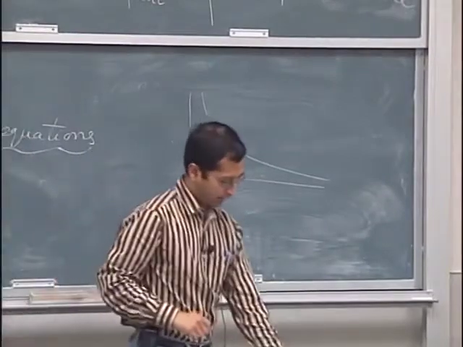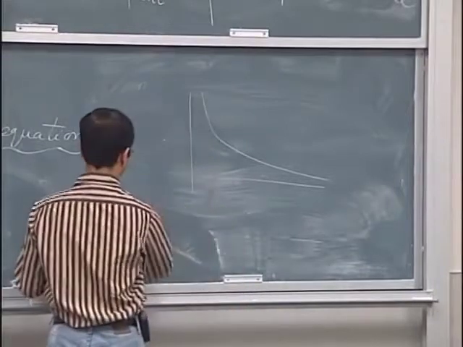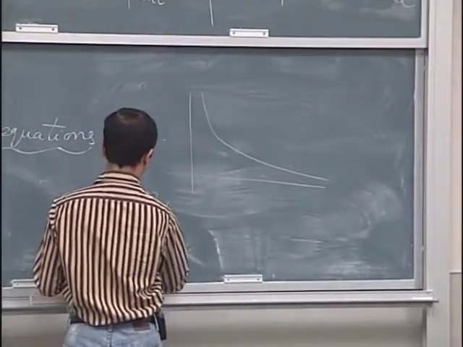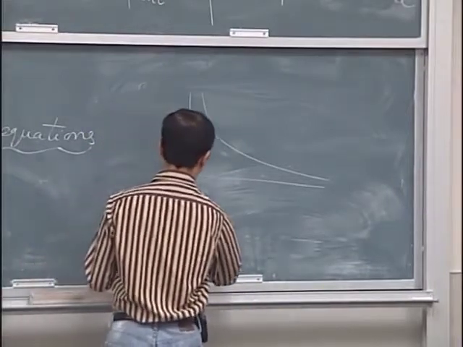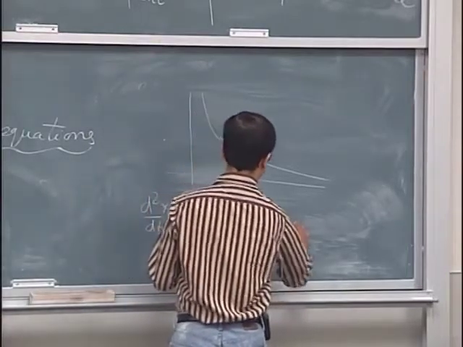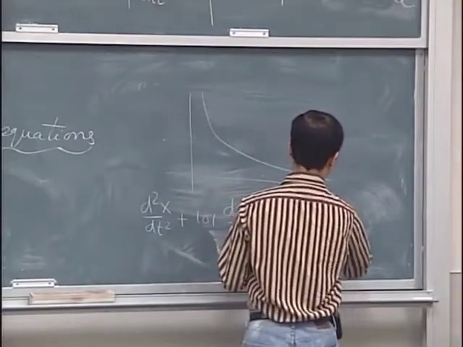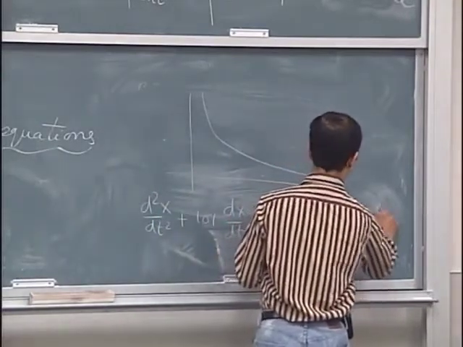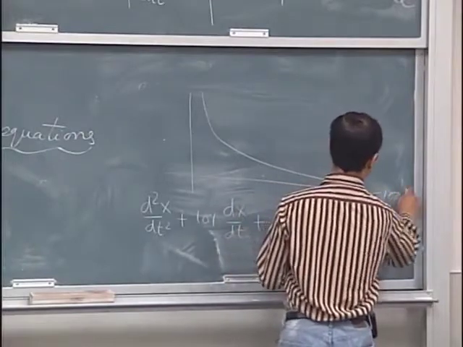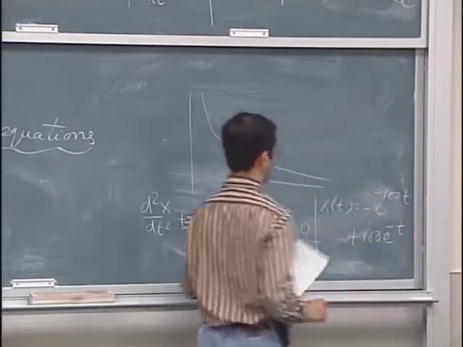If you have this equation, d2x dt2 plus 101 dx dt plus x equals 0, then x(t) is negative e to the power minus 100t plus 100 e to the power minus t.